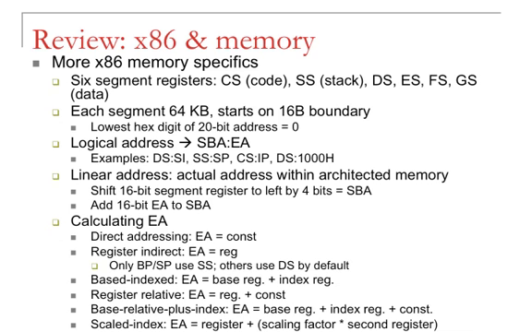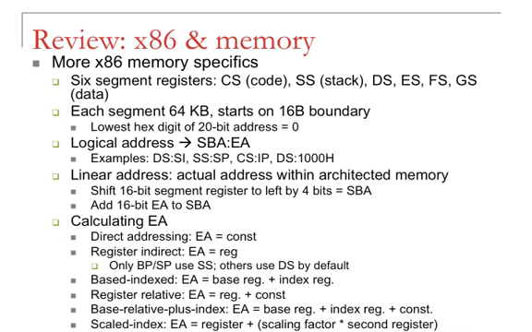Effective address is always 16-bit, simply because the effective address is only used to find the data within a segment, and the segment is 64K bytes. You only need 16 bits to address all the different locations.